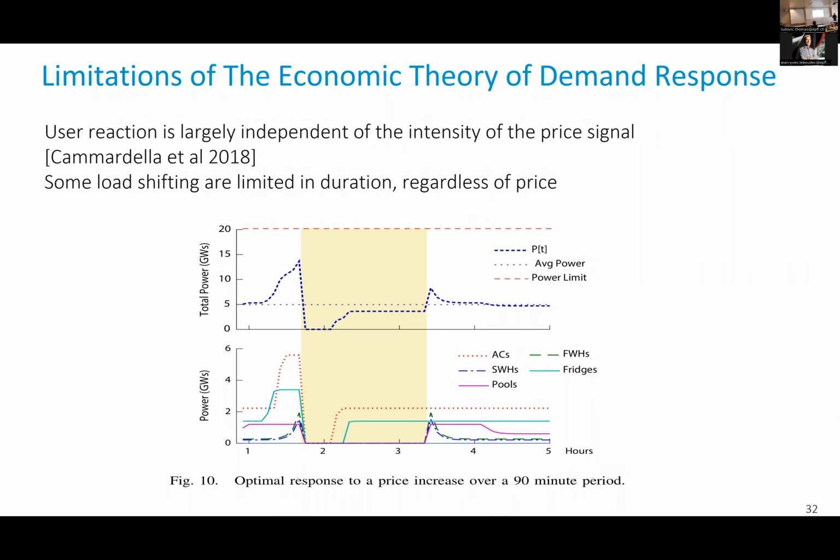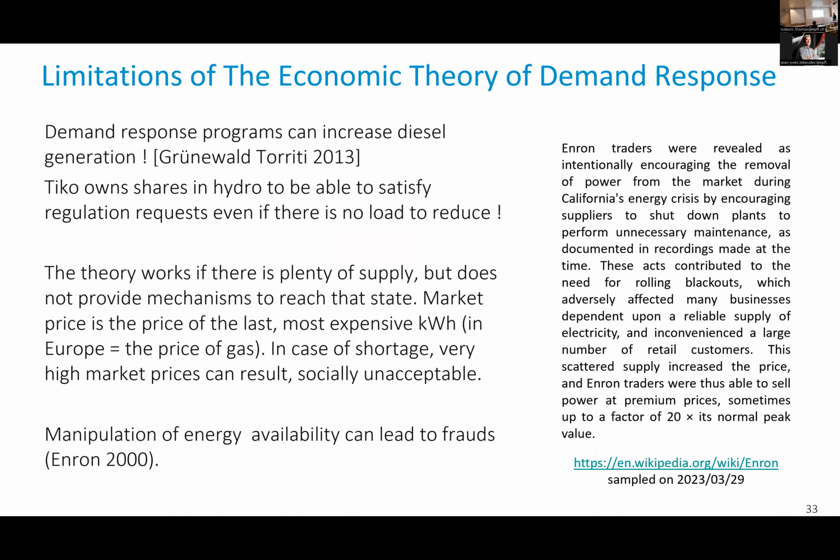That will come, but has not yet come in the US. So they have an electricity provision problem in the summer, and they have demand response programs that send large prices when there's a peak, and then people stop air conditioning, but they stop it for about 90 minutes. After 90 minutes, even if the price is very high, they get so hot and humid that they stop it here.